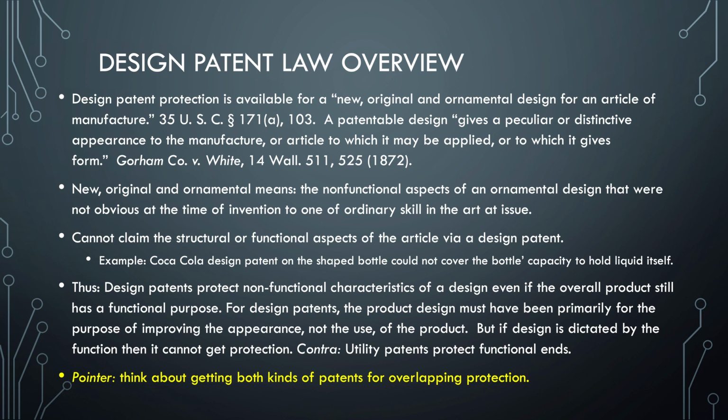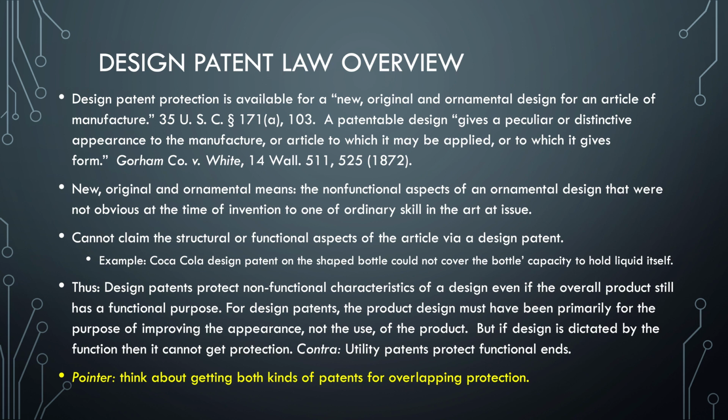Design patent protection is available for a new, original, and ornamental design for an article of manufacture. And that comes from 35 U.S.C. sections 171 and 103. This is just the U.S. Patent Code. And so a patentable design will give a peculiar or distinctive appearance to the manufacture or article to which it may be applied or to which it gives form.